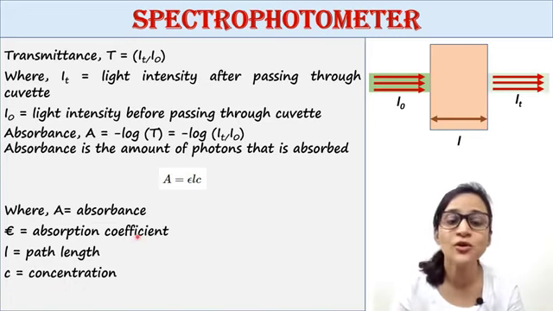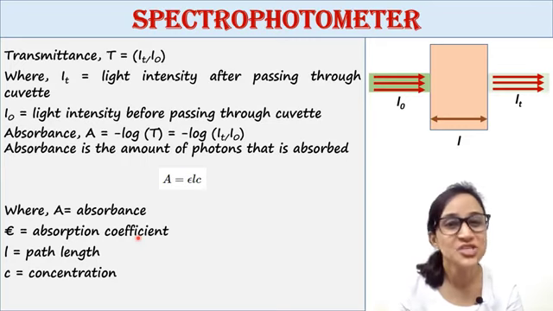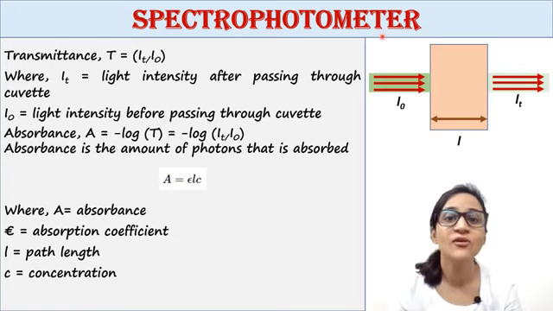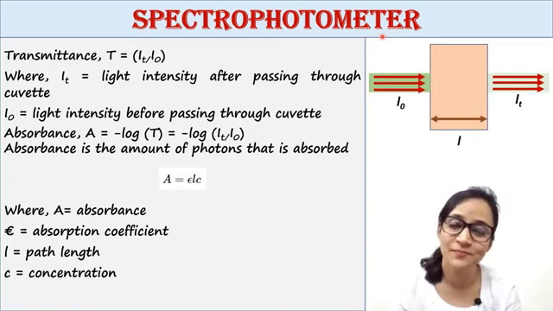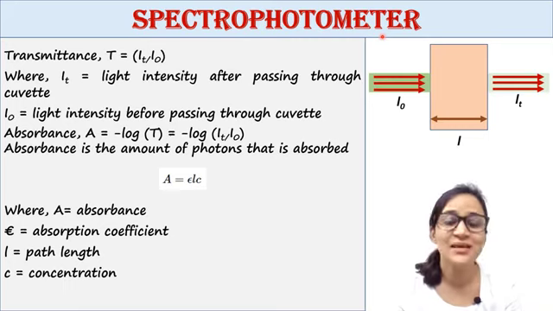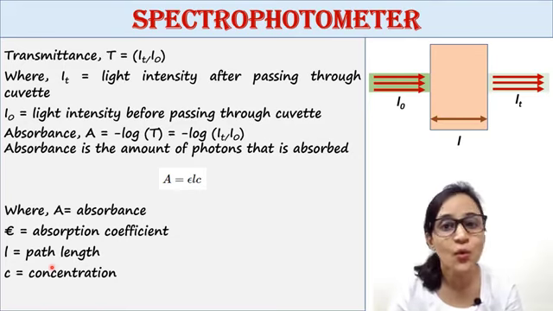The absorption coefficient is basically a constant. It describes how much light of a particular wavelength is absorbed by a material of a given mass and thickness. And path length, that is L, means how much distance the light requires to pass through a cuvette.